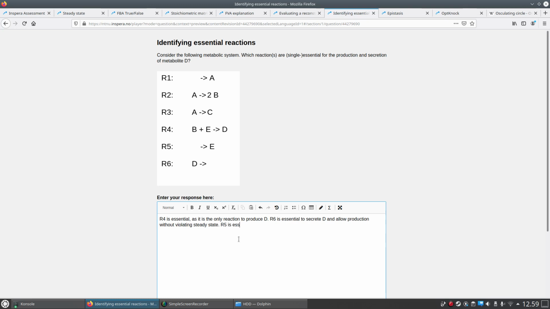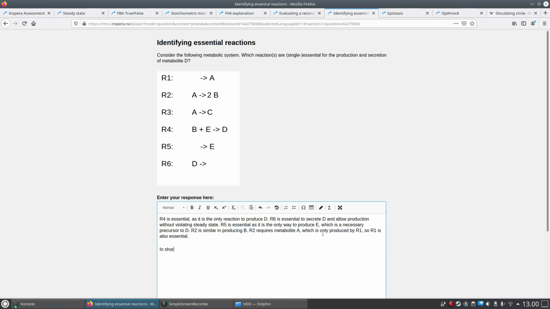R5 is essential as it is the only way to produce E, which is a necessary precursor to D. Similarly, R2 is essential in producing B. And lastly, we see that R2 requires metabolite A, which is only produced by R1, so R1 is also essential.